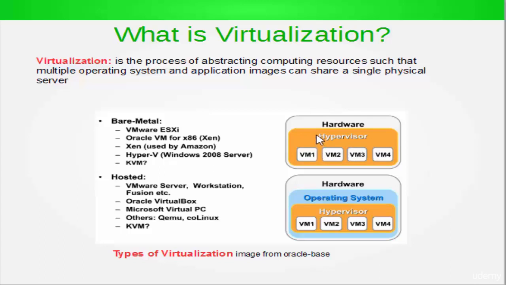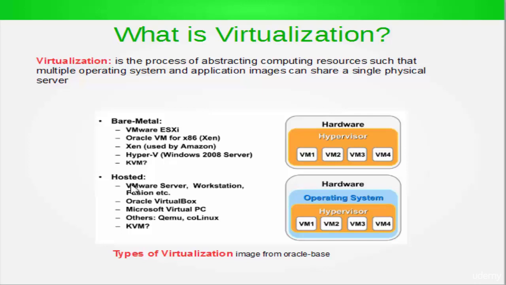Each virtual machine has its operating system, and each virtual machine has its resources from the physical hardware. Okay, the hypervisor here is a software, and here are the bare metal hypervisors. We have examples like the VMware ESX, there is the Oracle VM. We here have the Xen that is used in the Amazon Web Services, and we have Hyper-V from Microsoft, and there is KVM from Linux.